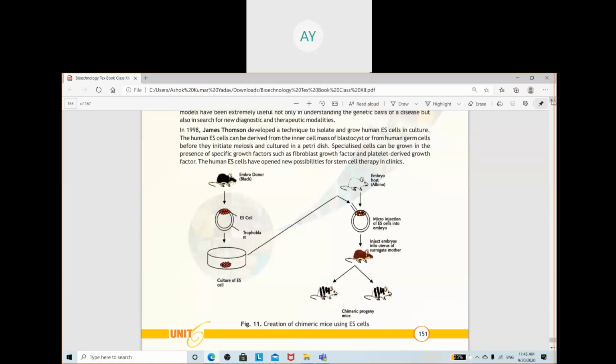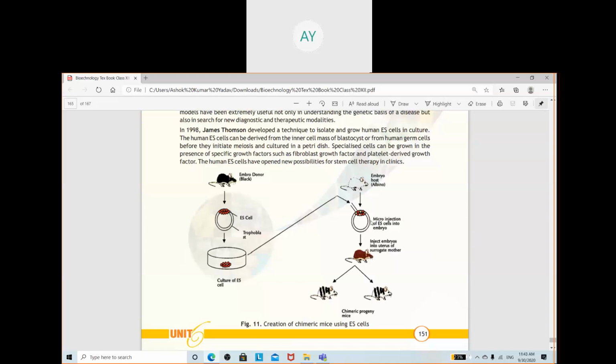So first of all, you have to collect the embryonic stem cell. How can you collect the embryonic stem cell? Just after fertilization, there is a development of embryo in both black mice as well as albino mice. Then you take out the embryo from both the mice and culture the embryonic stem cell of both of the mice, and then you transfer some cells of the embryonic stem cell of the black mice into the albino mice.